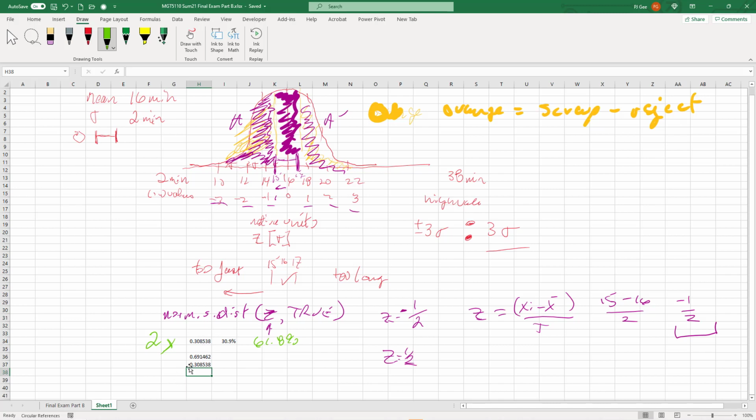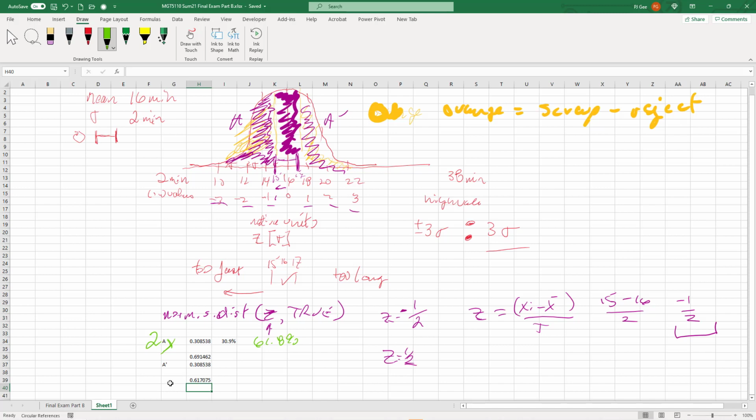So then your area would just be equal to, as if that's area A, and this is area A prime. We could add them together, that plus that. That's our reject rate, everything outside the 2 goalposts that the customer or our manager gave us.